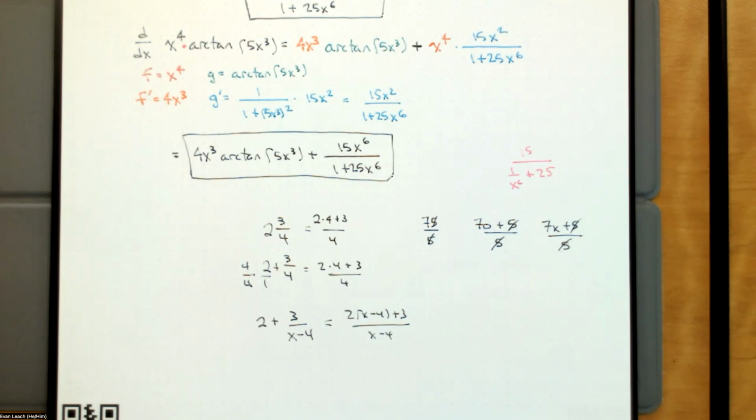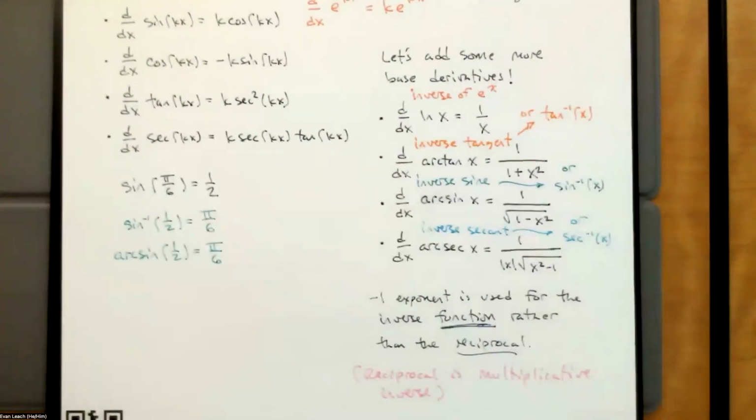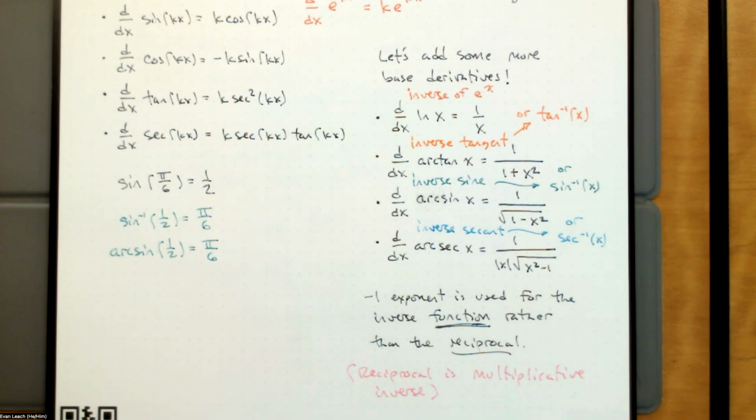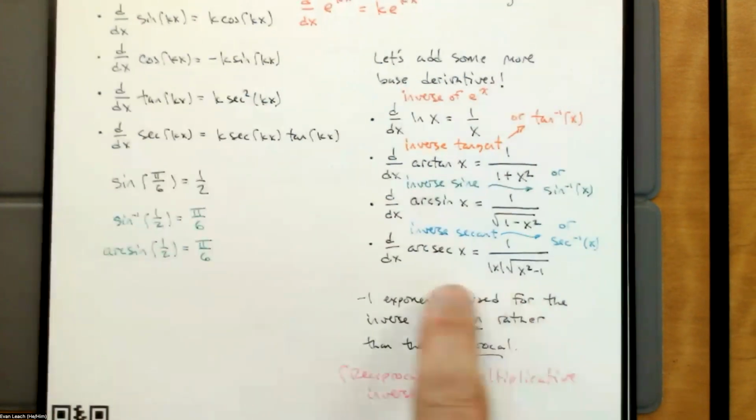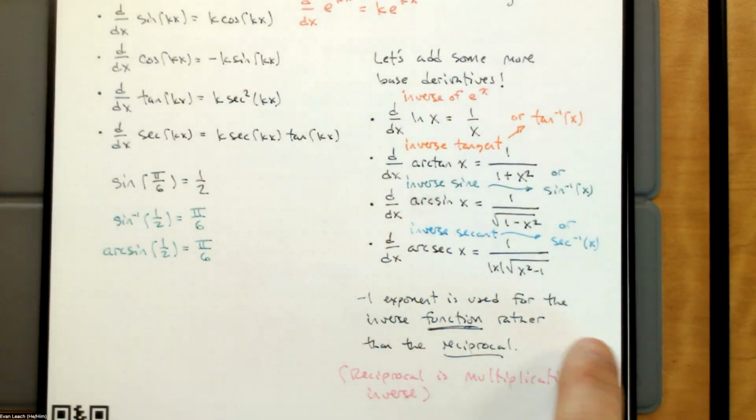Anyway. Learn your new bit today on the list of things. TLDR. 4 new derivatives. Really only 3. This arc-secant one, I mean, you're just going to be extra if you have that one. If you need to go that extra mile, after people list off those first 3, it'll be like, the derivative of arc-secant is 1 over the absolute value of x times the square root of x squared minus 1.